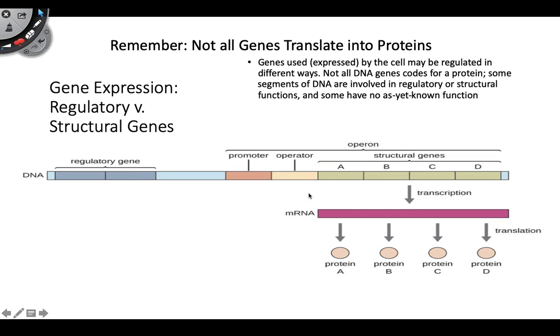Remember that gene expression is an important component of understanding how proteins get made, because there are some genes in DNA that are regulatory genes and do not get expressed as proteins. Only those structural genes are expressed as proteins. And also there are some genes that we don't even know their function yet, right? And they do not get expressed at all, or get expressed in weird situations.